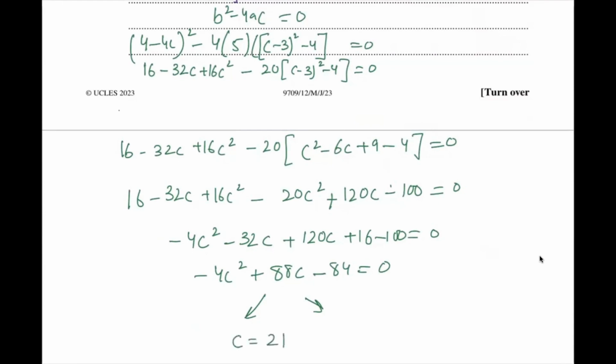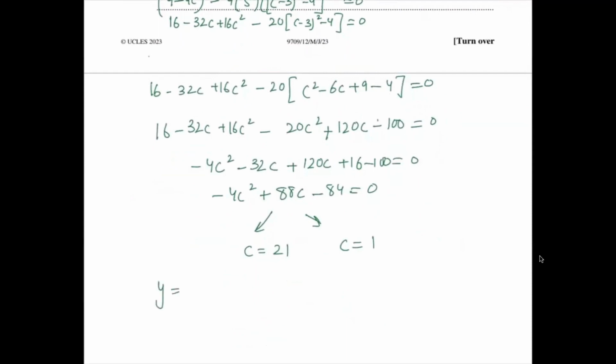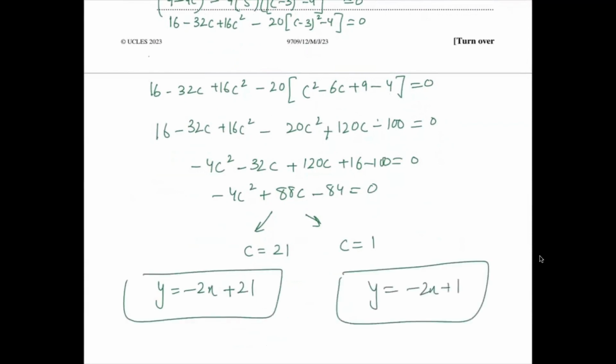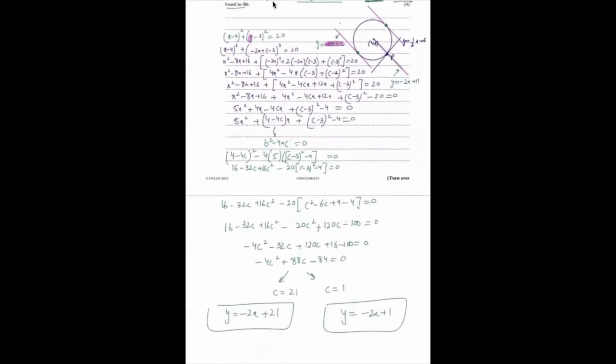So the two values of c comes out to be 21 and 1. This means that the equation of the two tangent lines are going to be y equals to minus 2x plus 21 and y equals to minus 2x plus 1. Please check the working.